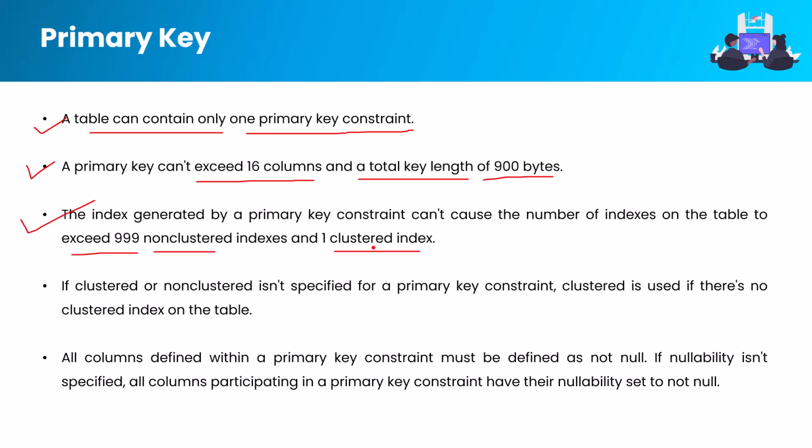So we'll talk about the clustered index at a later point in the video. But remember that the clustered index defines the physical structure of the database, and for a particular table there should be one clustered index, and all other indexes you can create, but those will not be the physical structure.